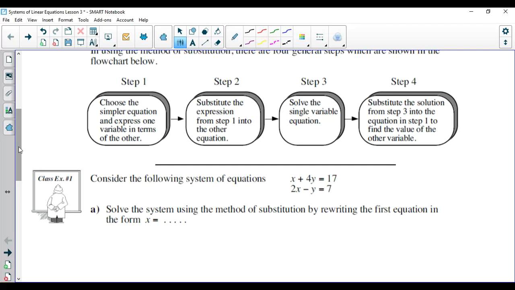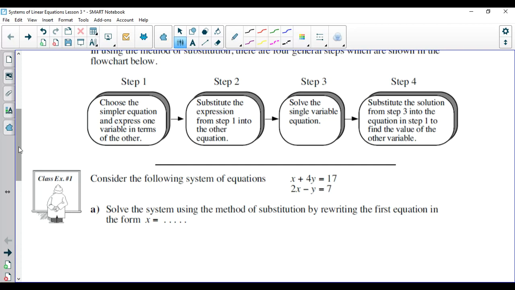Step three, solve the single variable equation. And step four, substitute the solution from step three into the equation in step one to find the value of the other variable. Now, at this point, these steps are just gibberish. They make absolutely no sense. So we need to actually go through an example and apply these steps to make sense of what it's trying to tell us to do.